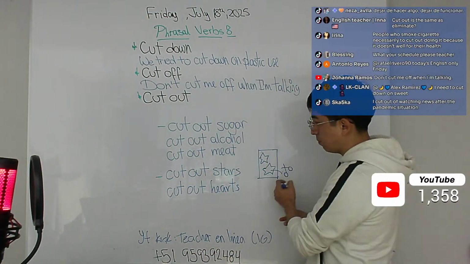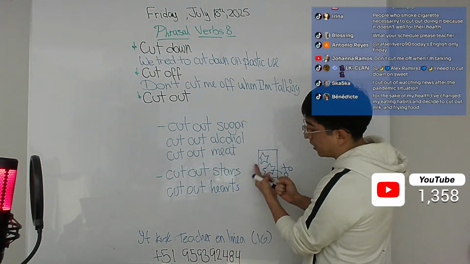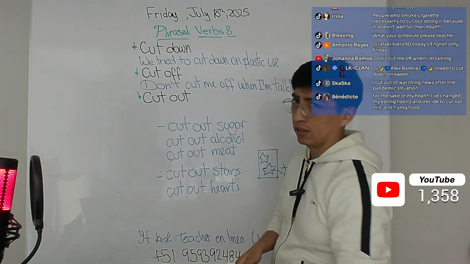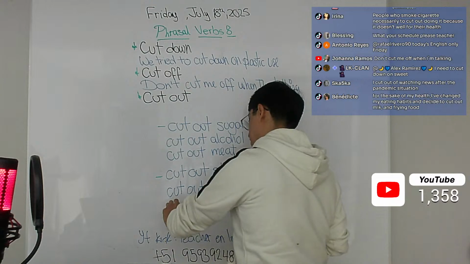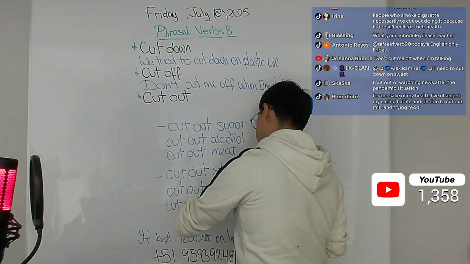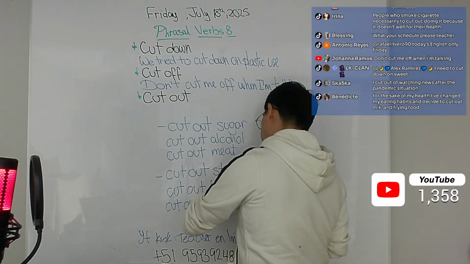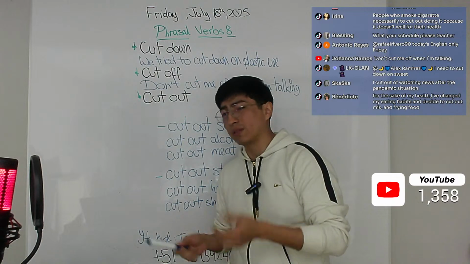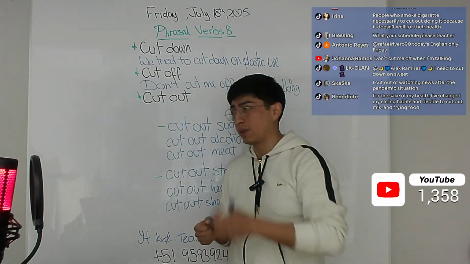And so we have a piece of paper here and you start cutting them out. Okay, cut out stars, cut out hearts, cut out shapes. Circles, I don't know, squares, whatever. People, yeah, we can cut out people like this, no?